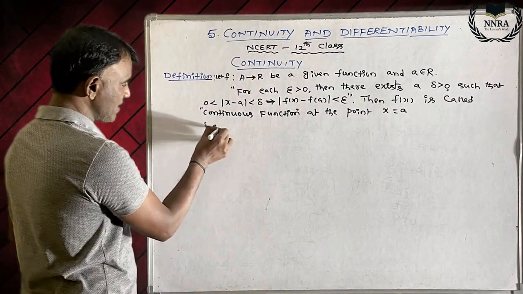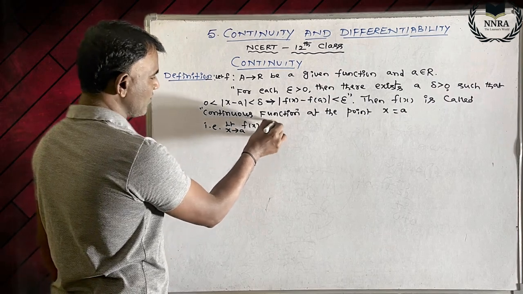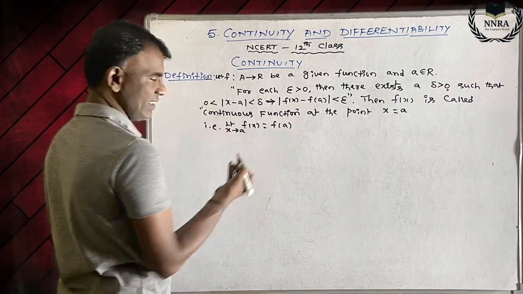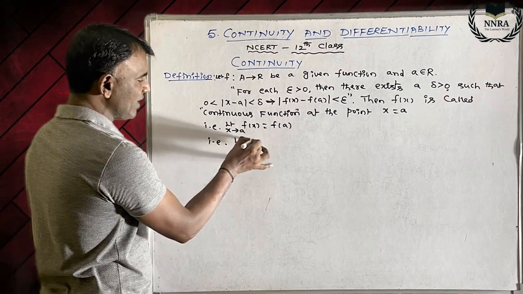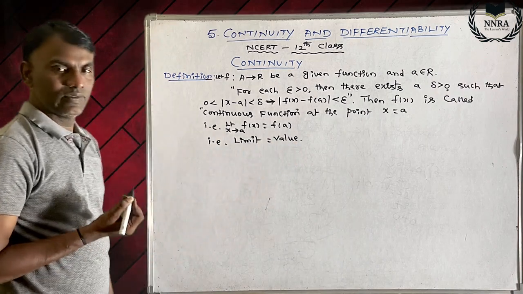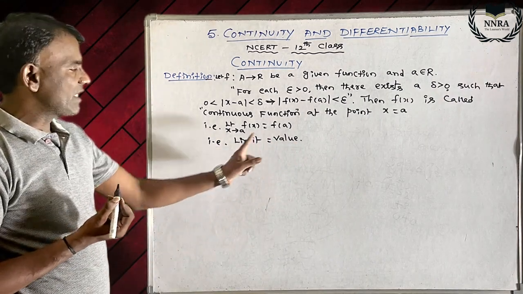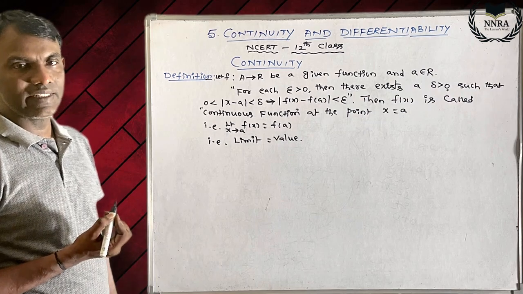So that is limit x tends to a of f of x equal to f of a. What is the meaning of this? Limit equal to value. Okay, if limit equal to value, then we say that the function is a continuous function at the point or at the given point.